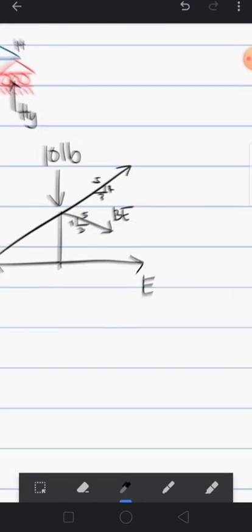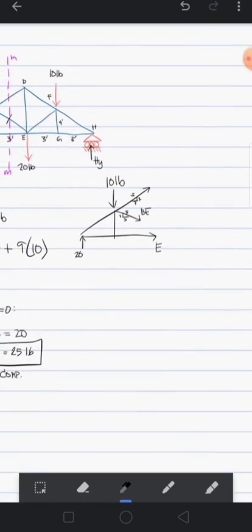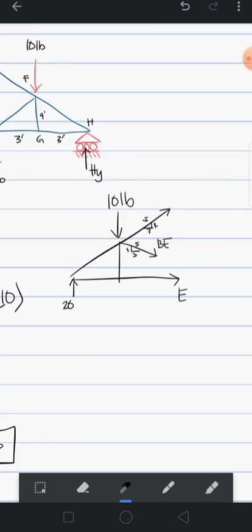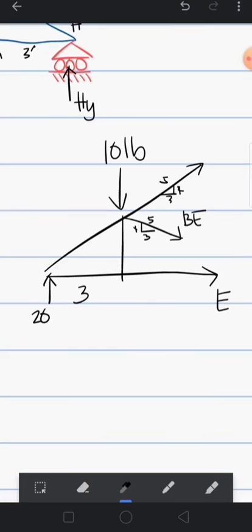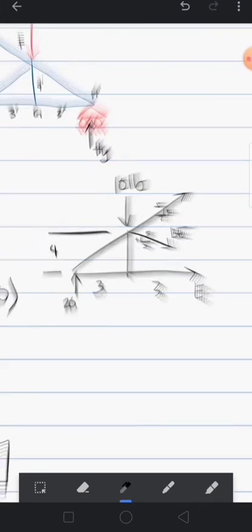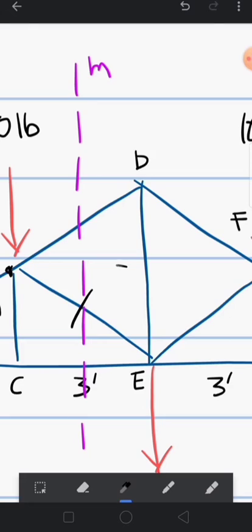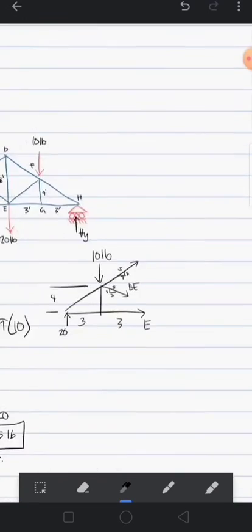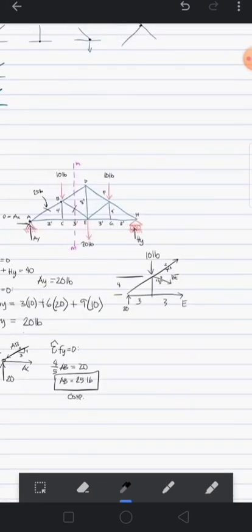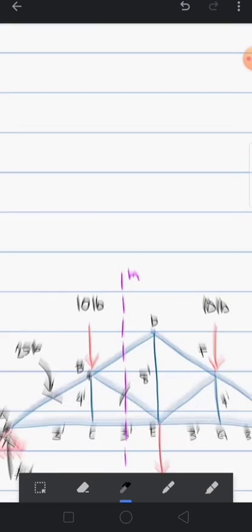The distances are 3, 3, and 4 here. Then the height here should be 8. Let's check.